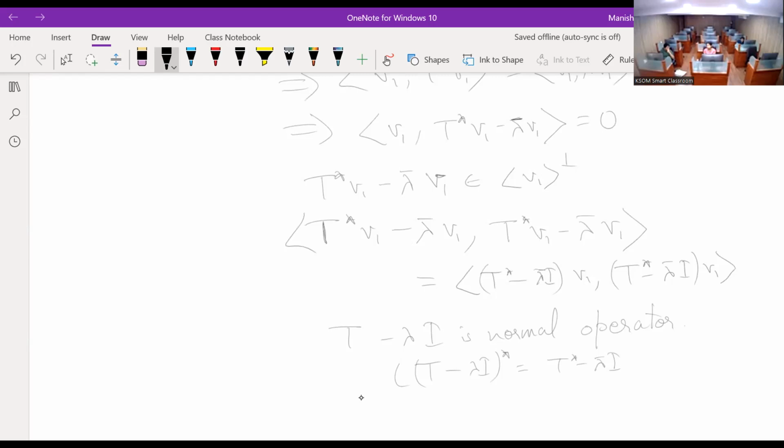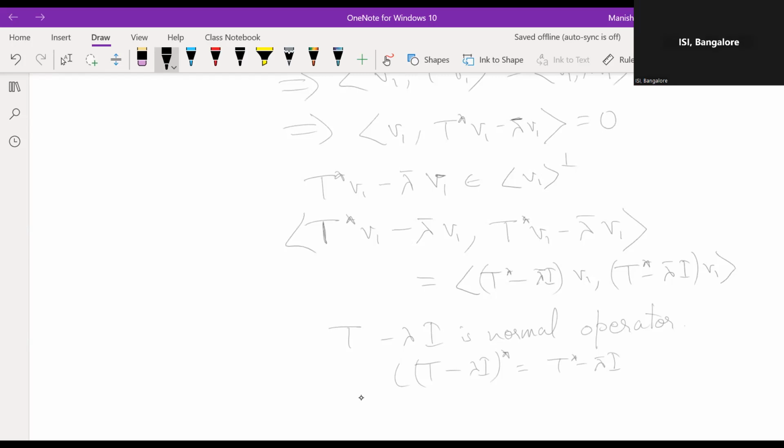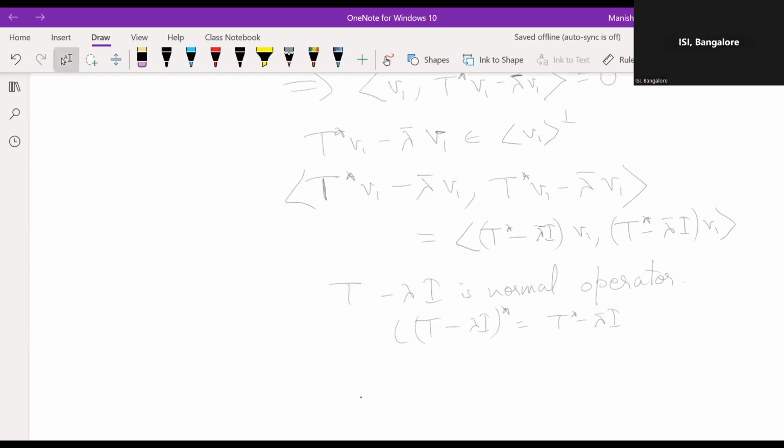So the adjoint of this is this, and of course (T - λI) times (T* - λ̄I) is the same as (T* - λ̄I) times (T - λI).